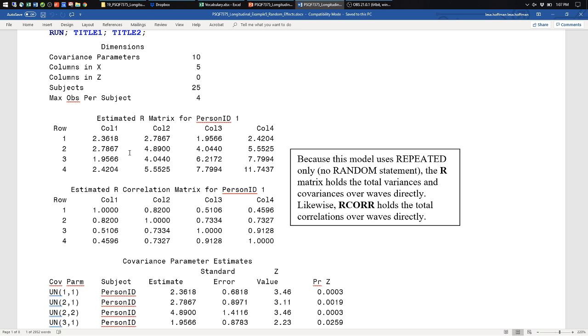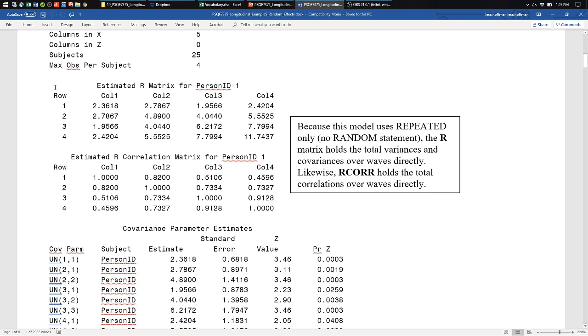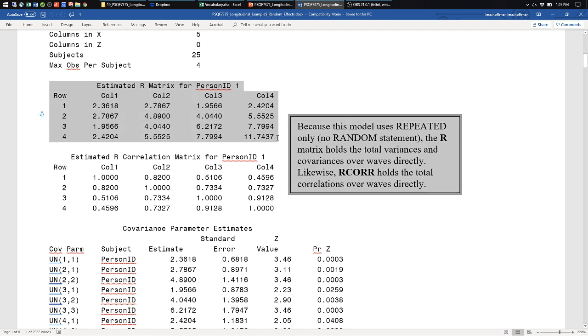Other questions? All right, so then going through the output here, R matrix, everything's in R right now. Here's my pattern. What do you think about the variances on the diagonal there? Same or different across time? Different, yeah. Different, like random, or different in a pattern?